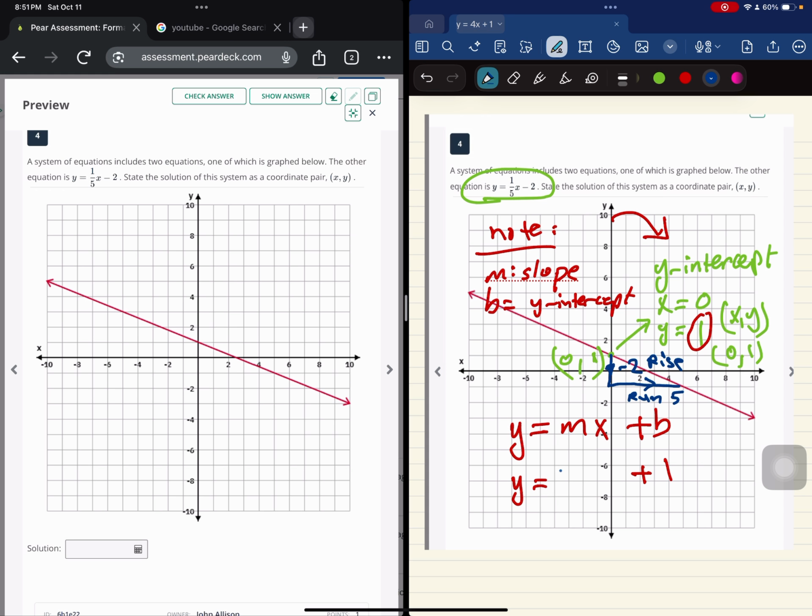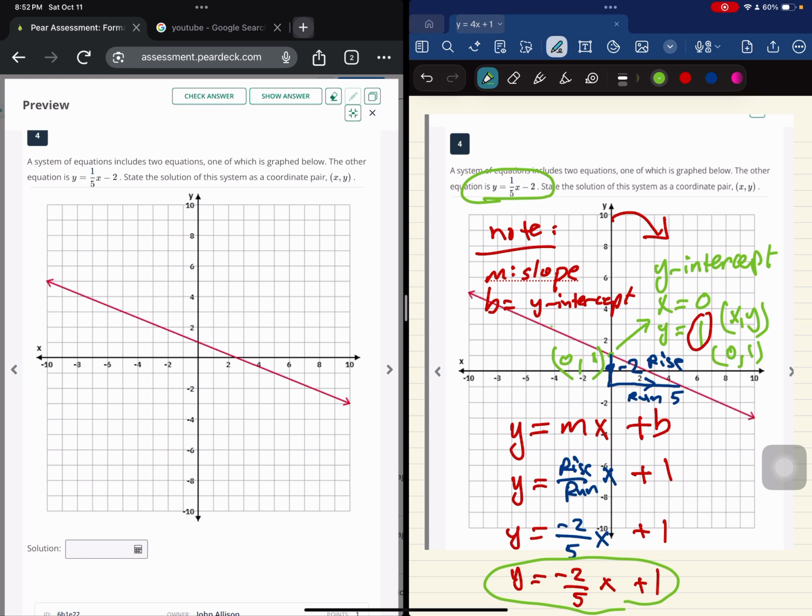The slope is exactly rise over run, so y equals -2 divided by 5, x plus 1. So y is equal to -2/5 x plus 1, and this is exactly the second equation that represents the graph shown in this picture.